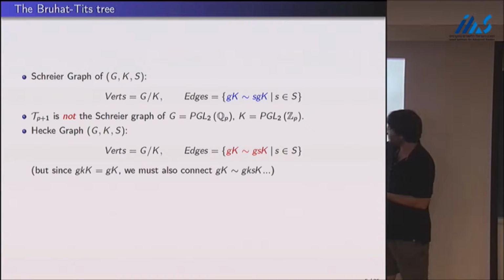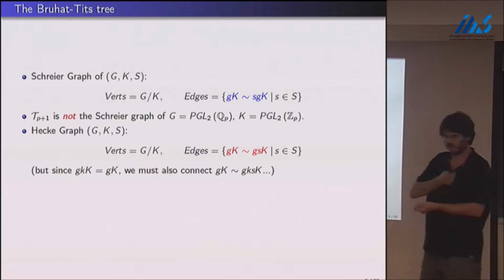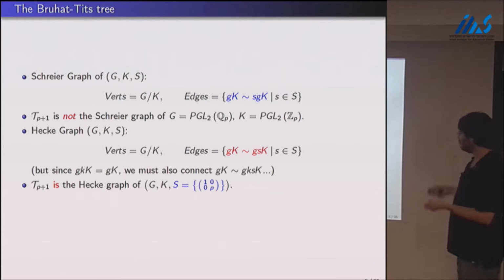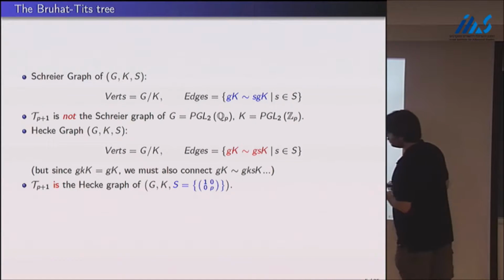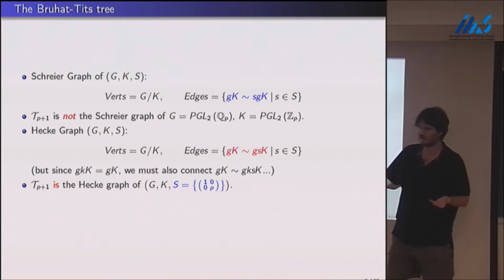So now you need to connect gK also to gKSK. So when you look at this and you look at the set S, you don't see immediately what neighbors you're connecting to.